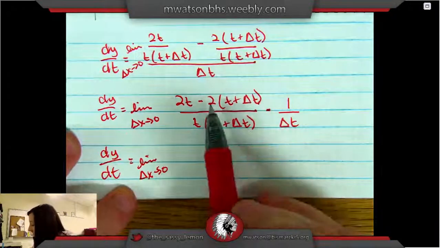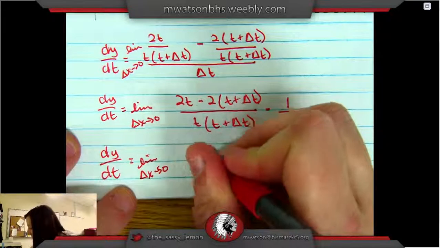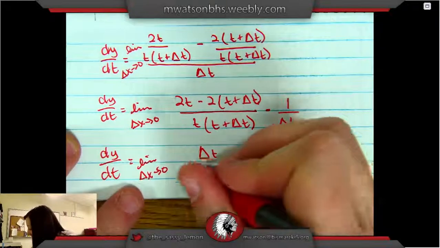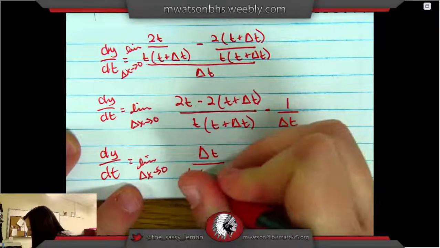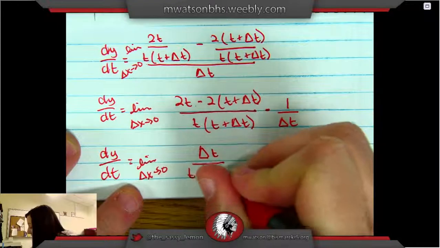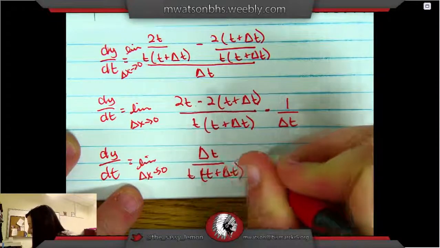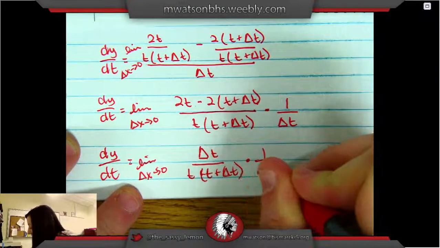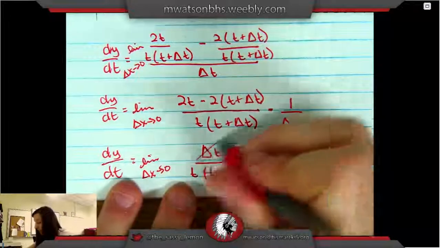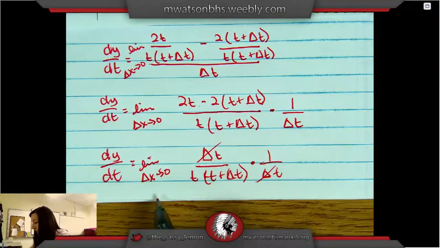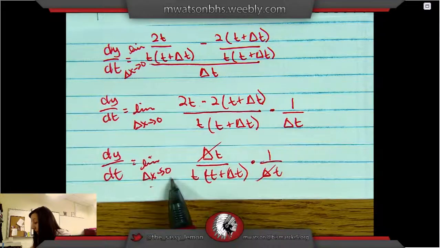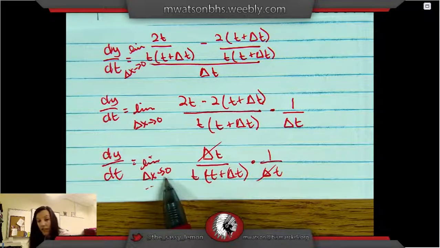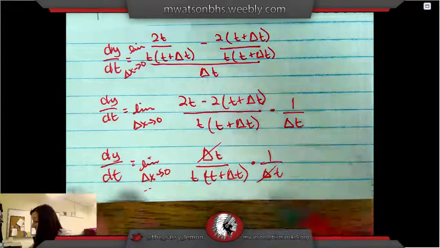And all we'll end up with is a negative delta t over t times t plus delta t. And then it's multiplied by 1 over delta t. These guys will cancel. And we can actually evaluate our limit by plugging in the 0 for our delta t, and these should be t's.